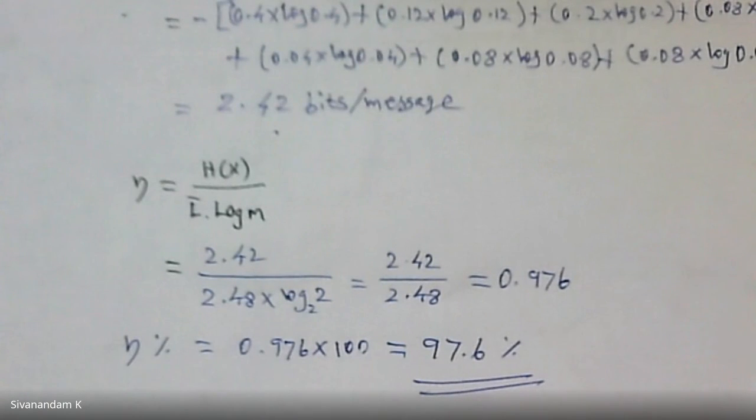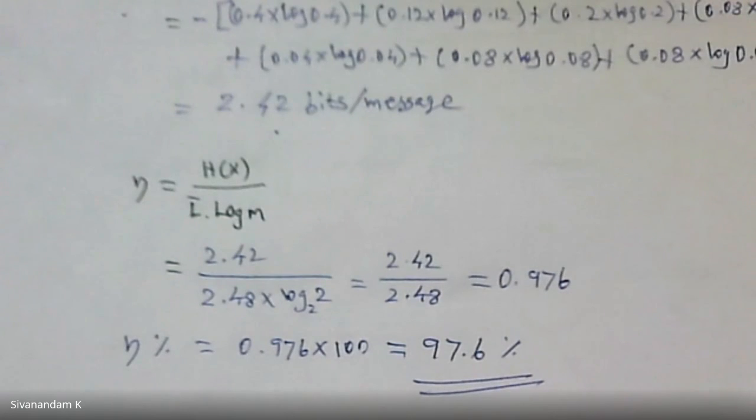So in this coding technique, the efficiency value we got is 97.6. Next, the redundancy, the percentage of redundant bits present in the coding, is 1 minus efficiency, that is 1 minus 0.976 gives us 0.024.